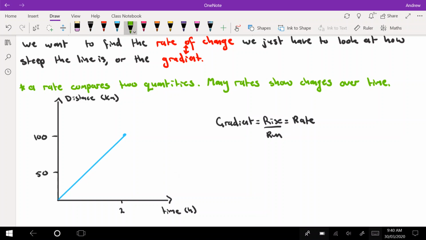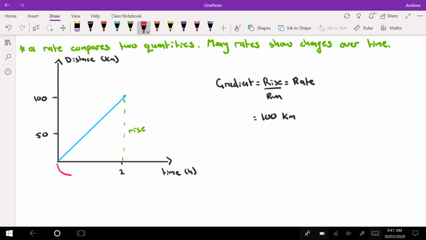So this here, that's going to be my rise. So I'm going up 100 kilometers, and I'm going to divide that by my run. And my run in this situation is my 2 hours.